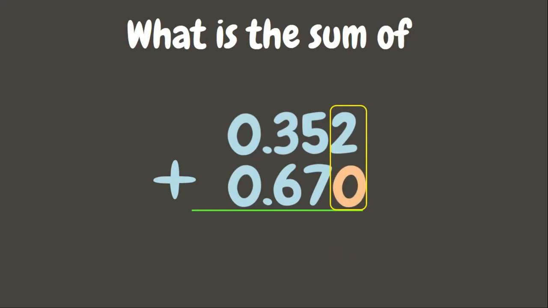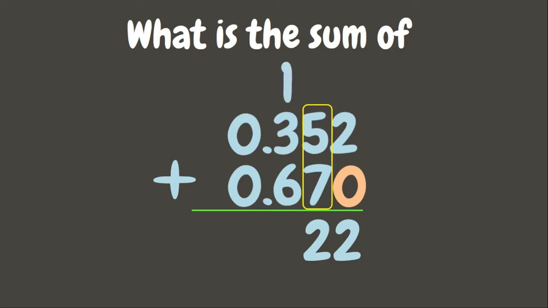2 plus 0 is 2. 5 plus 7 is 12. Write 2, carry 1 to the next place value. 1 plus 3 plus 6 is 10.